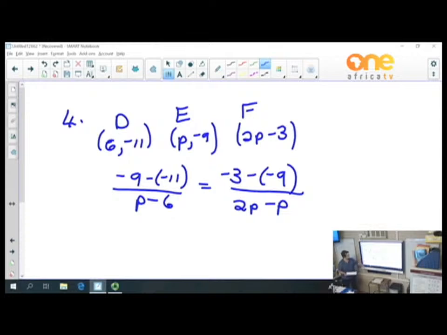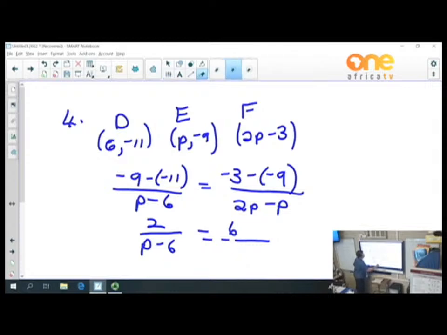Right, Jan? What did you get for the gradient here? Negative 9 plus 11 is 2 over P minus 6 is equal to negative 3 plus 9 is 6 over 2P, and 2P minus P is actually P. So I can just write it down there. So now I'll have to do the LCM, or as I say, you can use cross multiplication.